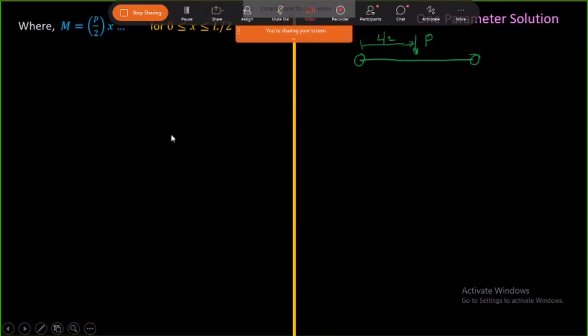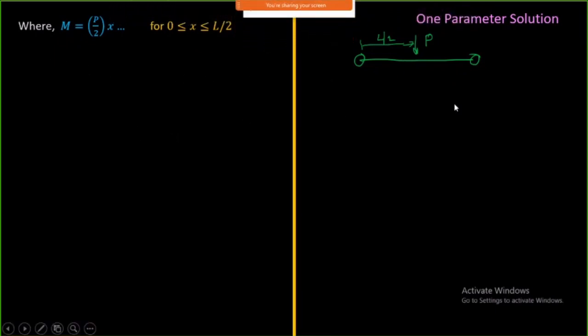Sorry. So here you need to determine the moment. Looking here, there is a reaction P by 2, and here the reaction is again P by 2, and the moment is P by 2 into the distance x, which is valid only from 0 up to L by 2.